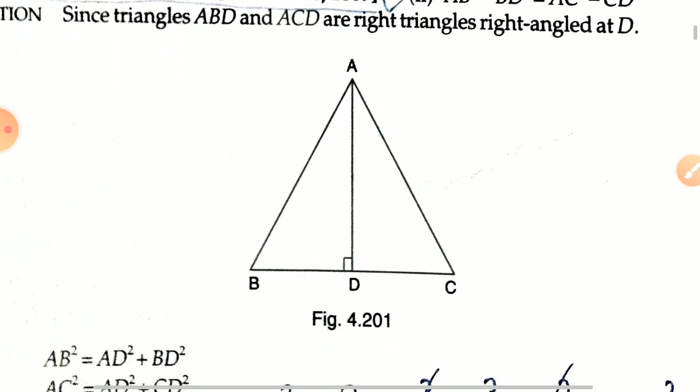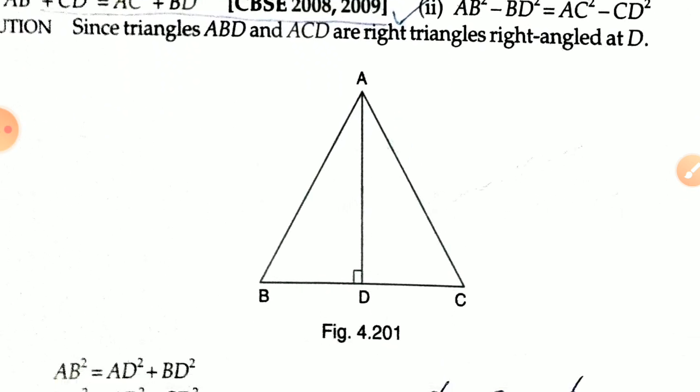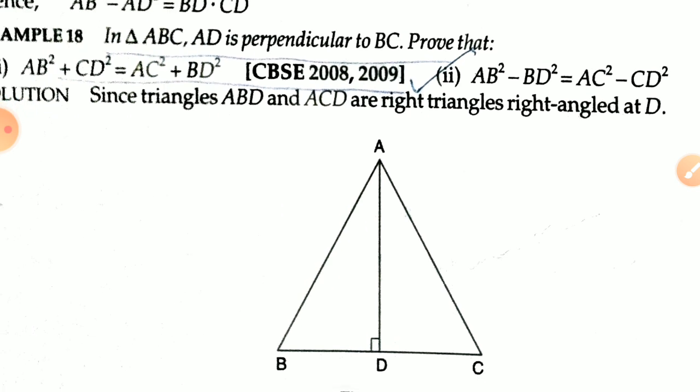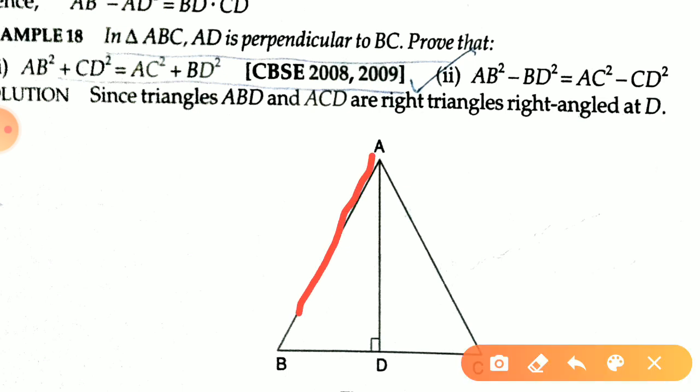Now here a triangle is drawn, that is ABC is a triangle, and we have drawn AD perpendicular to BC, and due to this we get two triangles, namely ABD and ACD. So these are the two triangles here.